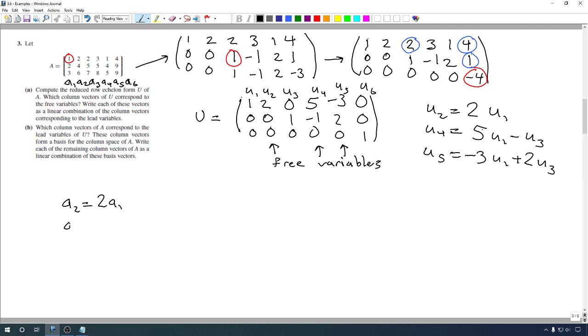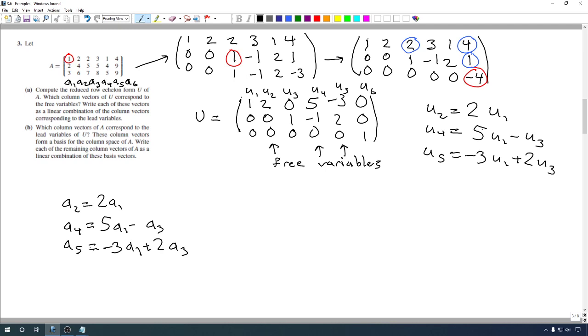And then A4, so again, this is a little bit harder to see, but since we've already looked at our matrix U, we can identify that this is just going to be 5 times A1 minus A3. And again, A5 is going to be -3 times A1 plus 2 times A3.